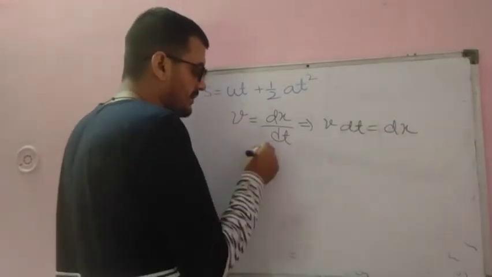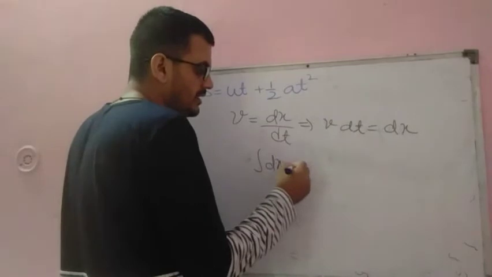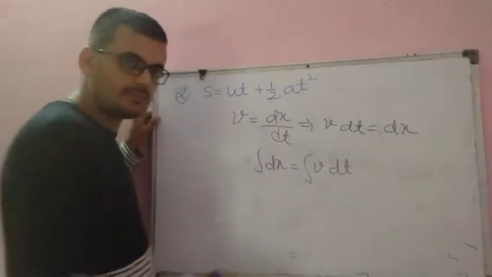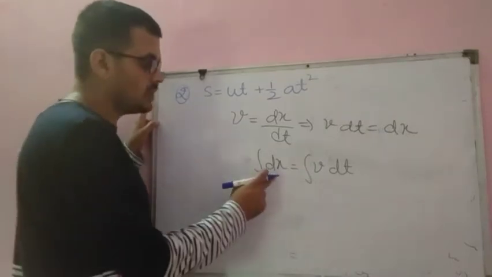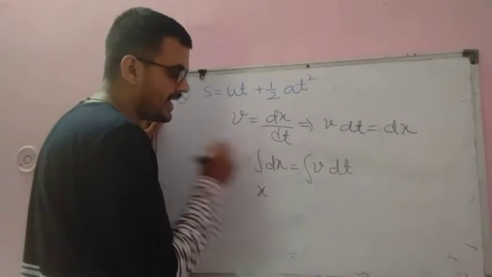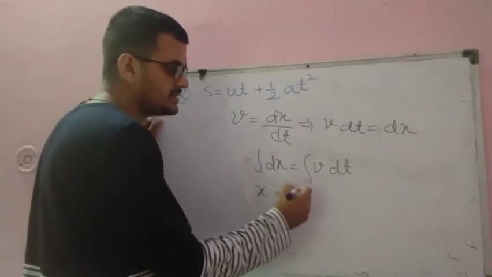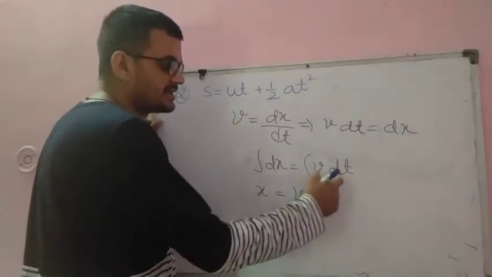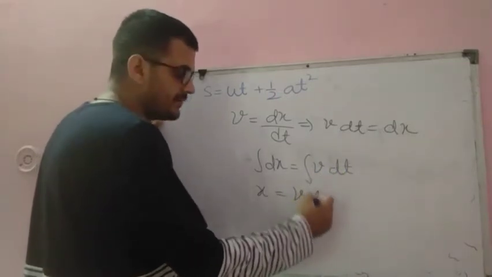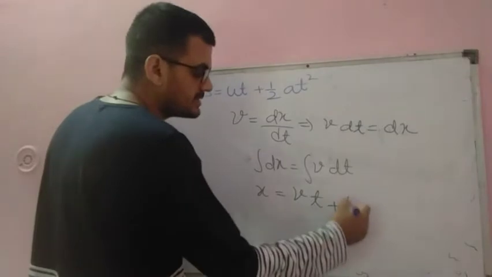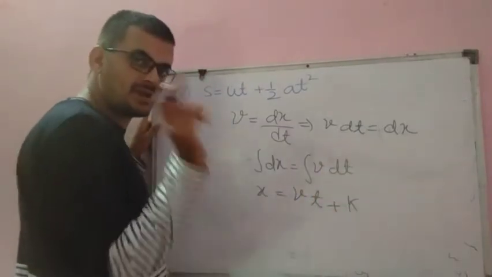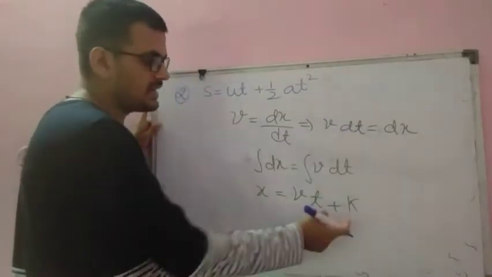On integrating both sides, integration of dx equal to integration of v dt. The integration of dx will be x, v is constant, and the integration of dt will be t plus k. I have already told you, whenever we integrate, we add one constant, that is k.